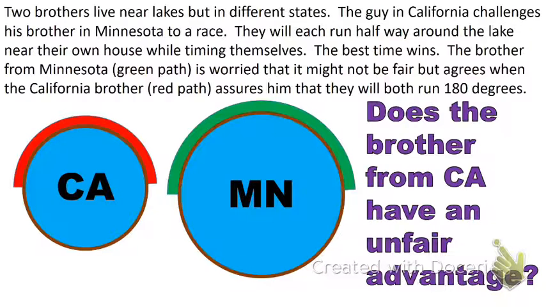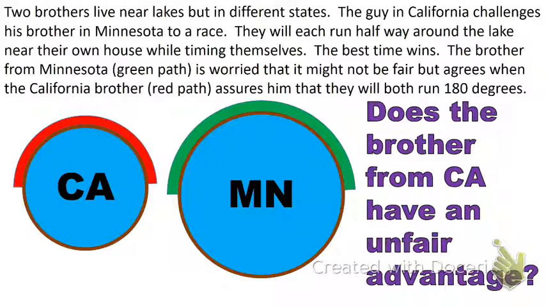Here's a story to help you determine the difference between arc measure and arc length. Two brothers live near lakes but in different states. The guy in California challenges his brother in Minnesota to a race. They will each run halfway around the lake near their own house while timing themselves. The best time wins.